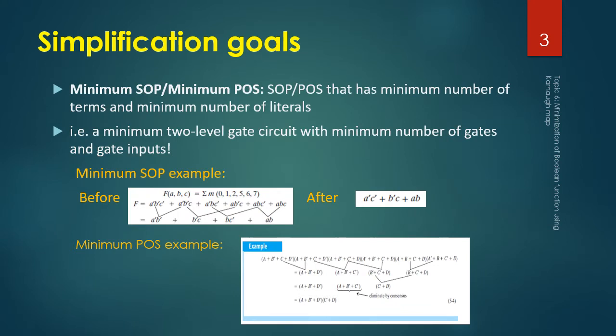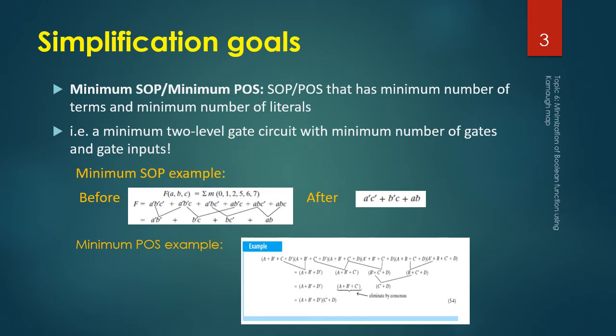And our simplification goal is to reach the minimum SOP or minimum POS forms. Basically, they are the SOP or POS forms that have the minimum number of terms and the minimum number of literals.